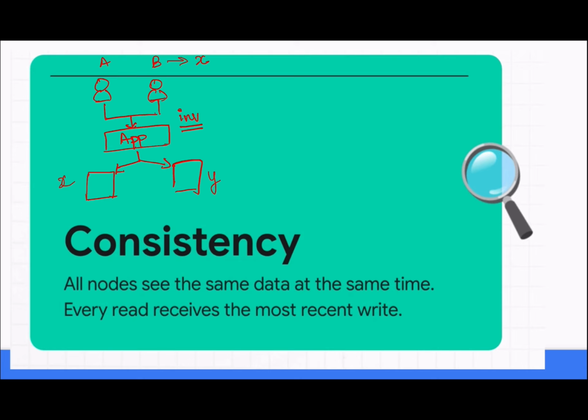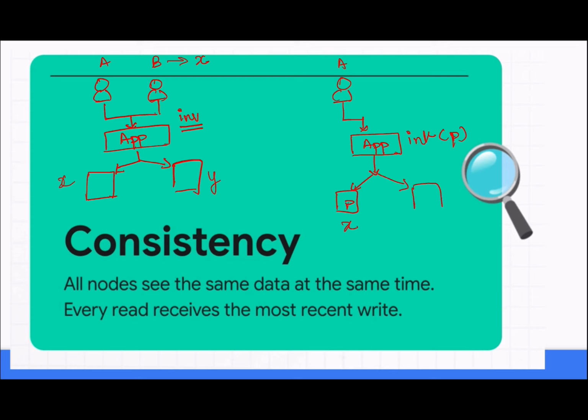The second statement has to do more with reads and writes. Say, for example, person A comes in and updates the inventory in our application and adds the product P. It writes into the replica X that product P is added to the inventory.